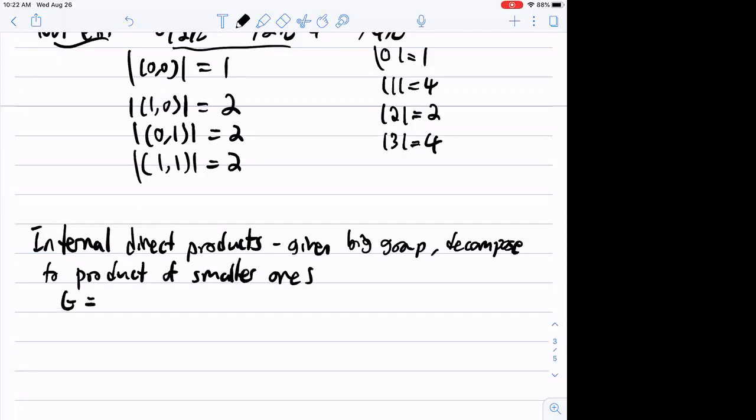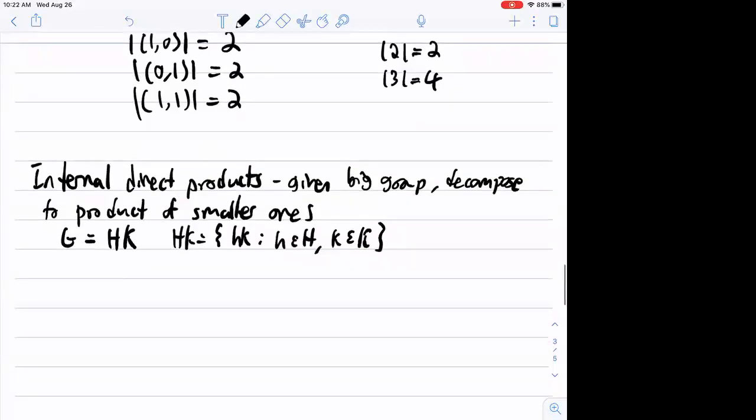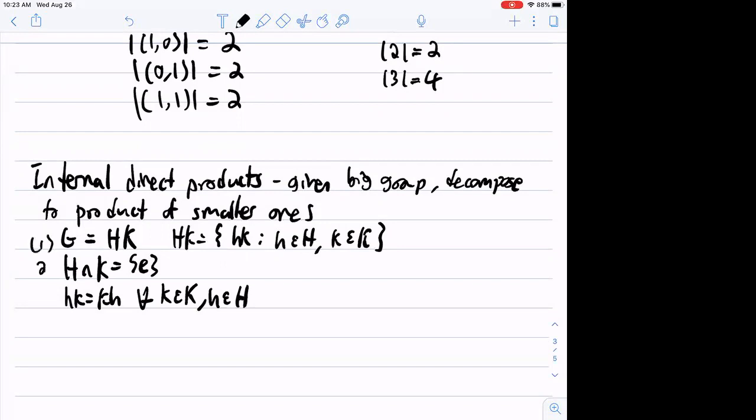So basically, I want to write G as HK, where HK is the set of products hk with h in H and k in K. What it means is G equals HK, H intersect K is {e}, and hk equals kh for all h in H and k in K. If these properties are satisfied, then G is the internal direct product of H and K.